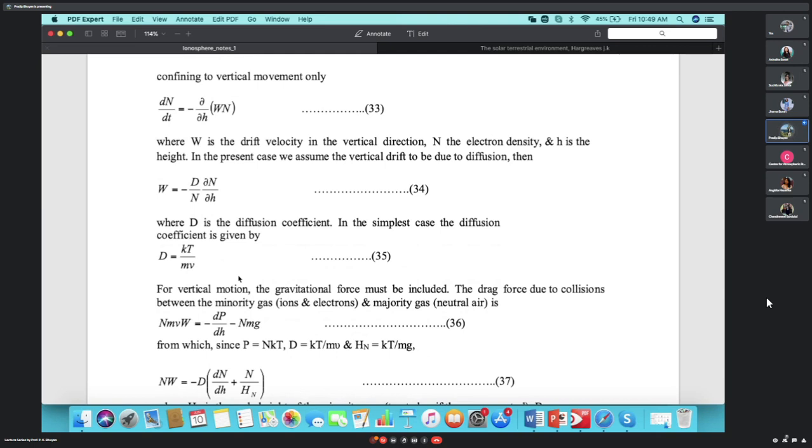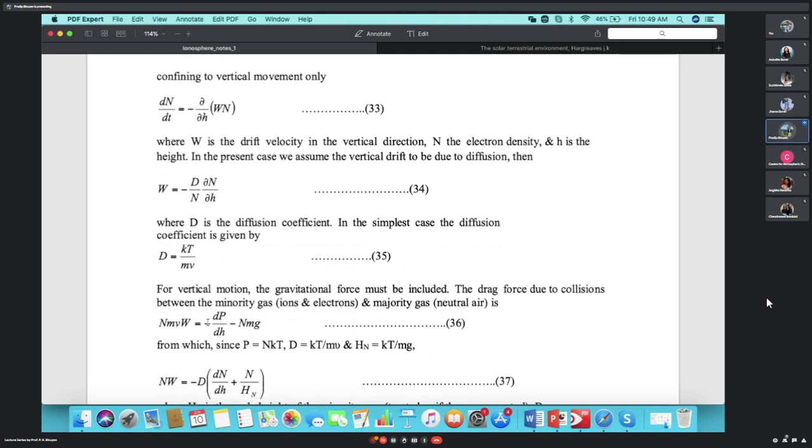So the effect of gravitational force must be included in the process of vertical movement. When anything is moving vertically over the surface of the earth, gravity will play a part. So we cannot neglect that, and we are now bringing in that gravity term. So this is a drag force.